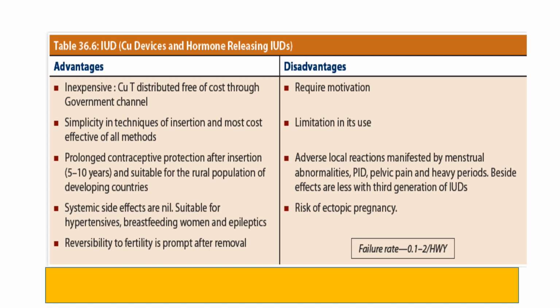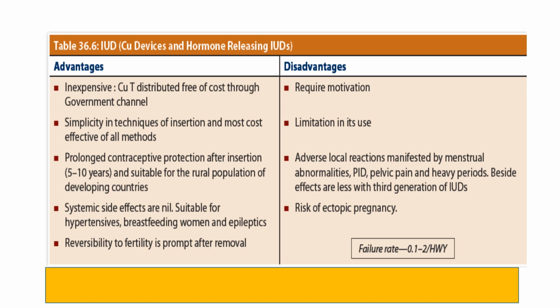The IUCDs have some definite advantages and disadvantages. IUCDs may be either copper releasing devices or hormone releasing devices. They are inexpensive. Copper devices are distributed free of cost through government hospitals. The technique of insertion is simple, and they are most cost effective. There is prolonged contraceptive protection after insertion.